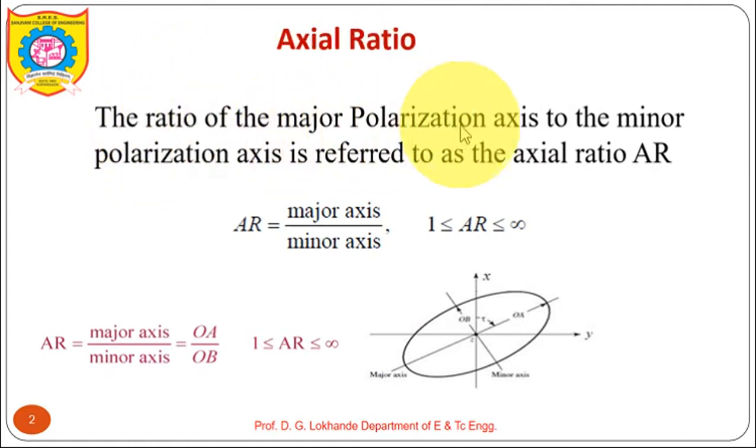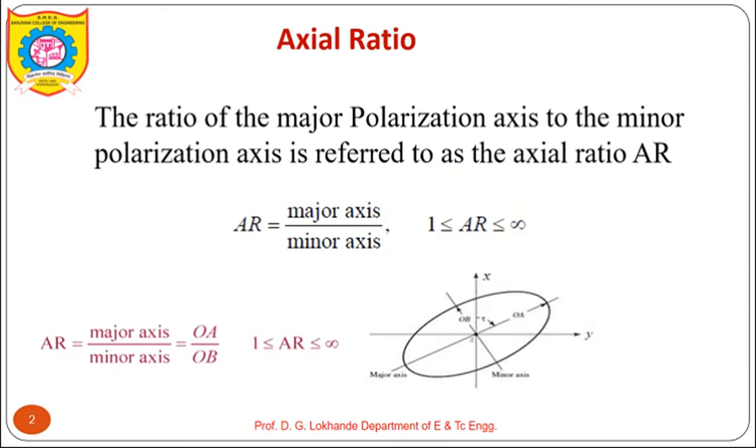The ratio of the major polarization axis to the minor polarization axis is referred to as the axial ratio. So here AR is the major axis with respect to the minor axis, and its value should be 1 less than or equal to AR less than or equal to infinity. So its value ranges from 1 to infinity.